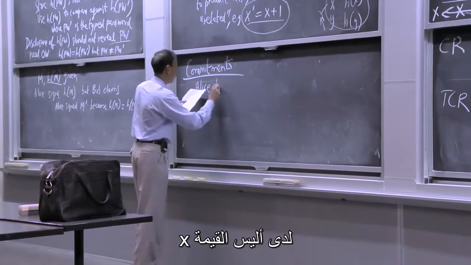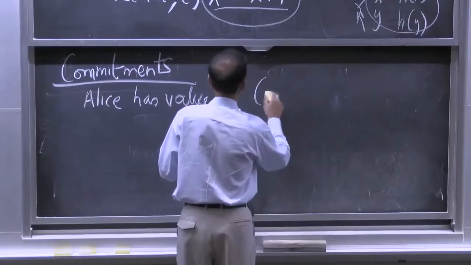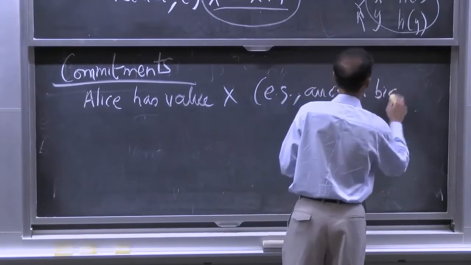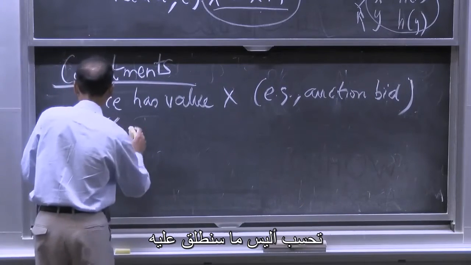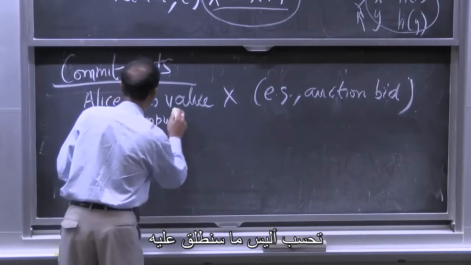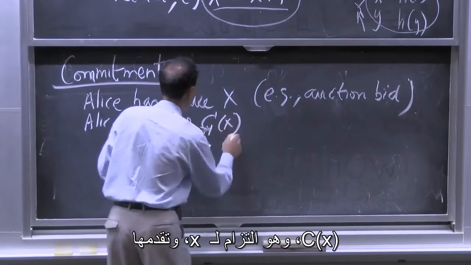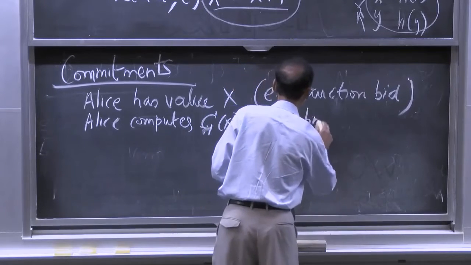So Alice has value X, e.g. an auction bid. Alice computes what we're going to call C of X, which is a commitment of X, and submits it.